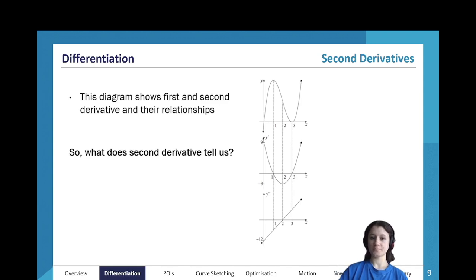So, think about it like this. Firstly, y dash is the gradient curve. Because the second derivative is just the derivative of this curve, we're finding the rate of change of this curve, so the rate of change of the gradient. If that doesn't make sense, have a think about this explanation.